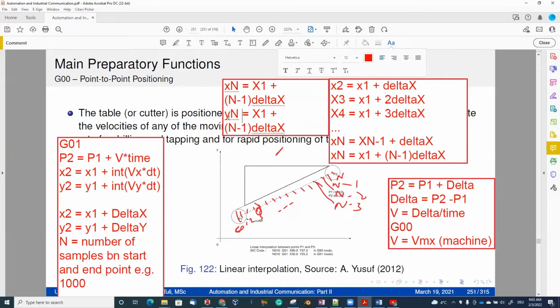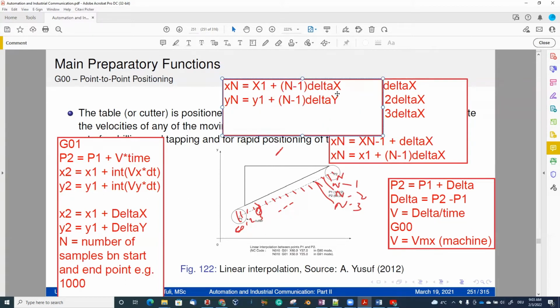The y-axis is nothing else, the same thing. What is delta now?